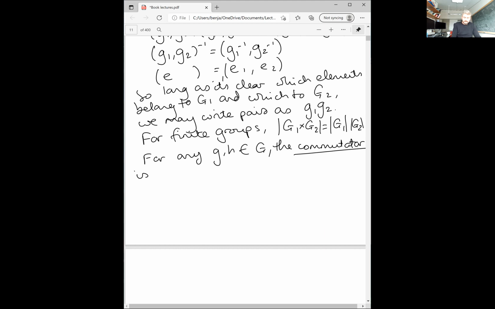We put g and h in square brackets with a comma in between them, and this is defined to be g^-1 h^-1 g h. So if the result of this operation is just the identity element, then we say that the two elements g and h commute.